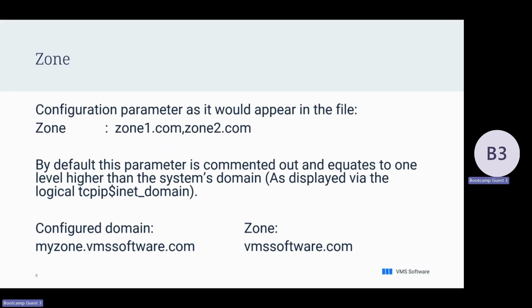So let's talk about the zone. This is kind of where we really know what our local mail is. Our zone, by default, when we looked at lab, well, let's look at the bottom. Our configured domain is myzone.vmssoftware.com. So our zone is going to be minus one of our configured domain.